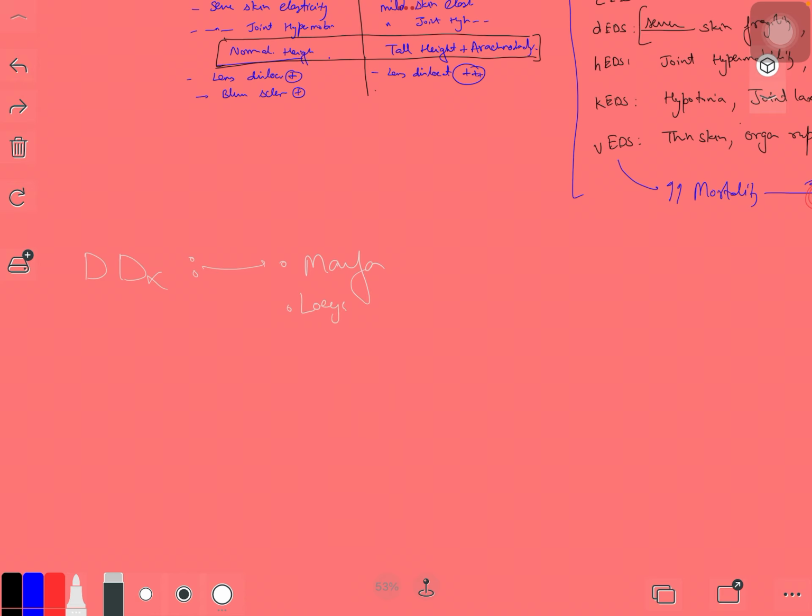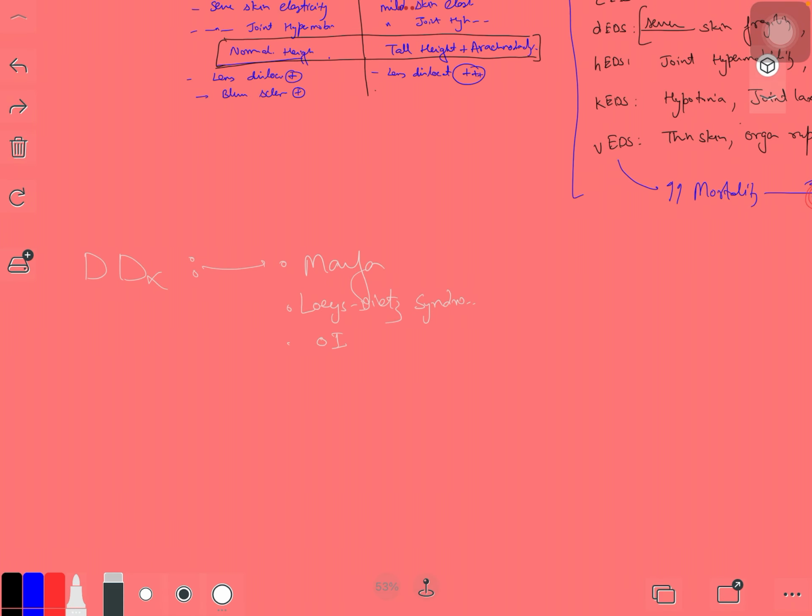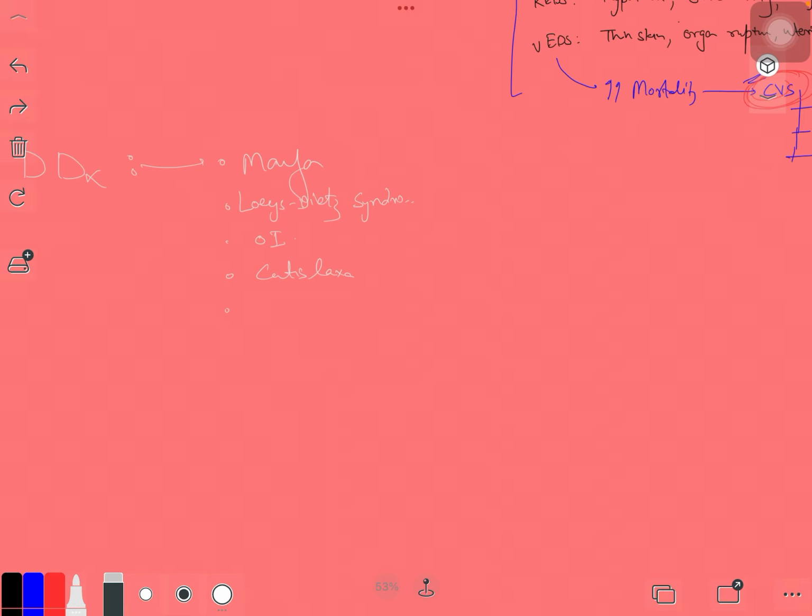The second one is Loeys-Dietz syndrome, because of the receptor problem, which is so similar to Marfan. Then osteogenesis imperfecta. Then there can be cutis laxa, not that important for us right now. Rheumatoid arthritis can mimic some of the features. Lupus can be there. Then fibromyalgia.